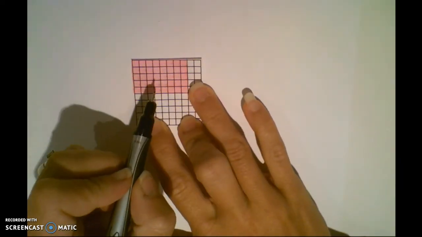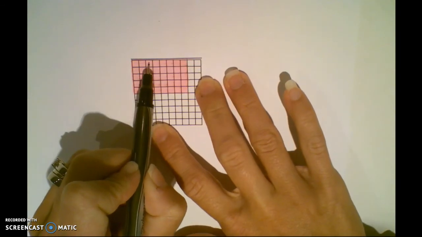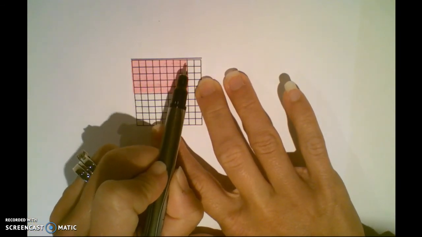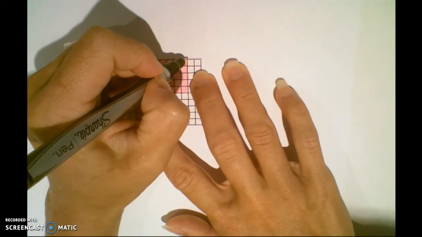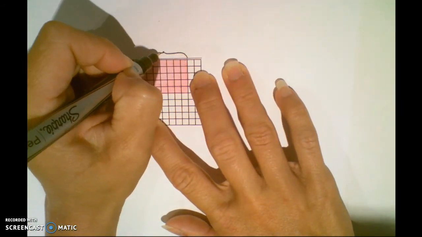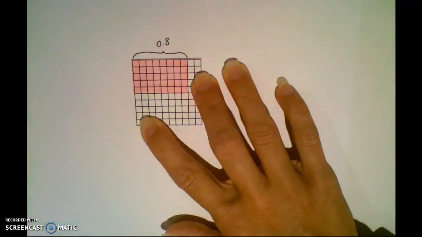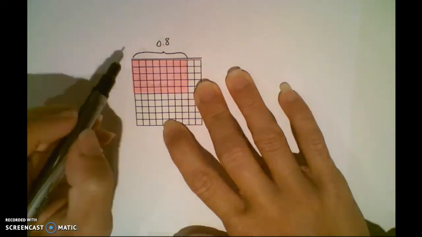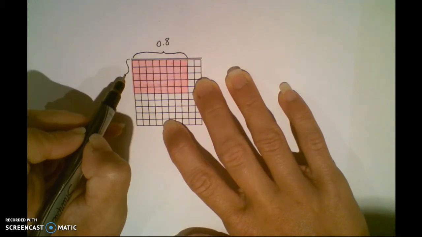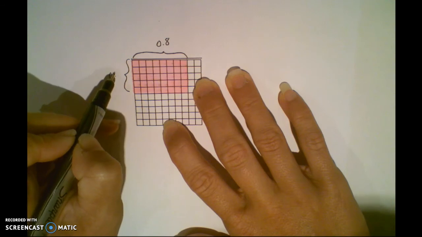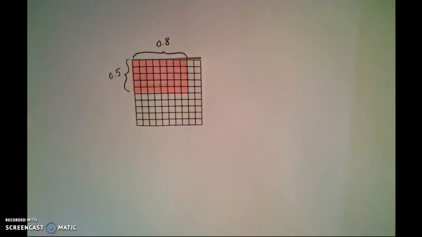Okay? For number 2, I'm looking across and I have 1, 2, 3, 4, 5, 6, 7, 8 of the 10 squares shaded across, which would represent 8/10. And going down, I've got 1, 2, 3, 4, 5 out of the 10 possible rows shaded.